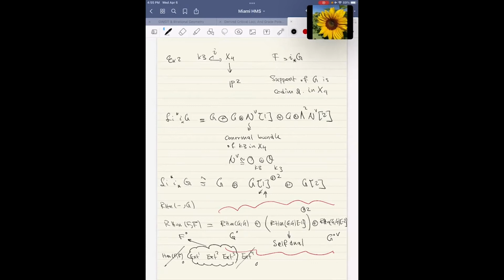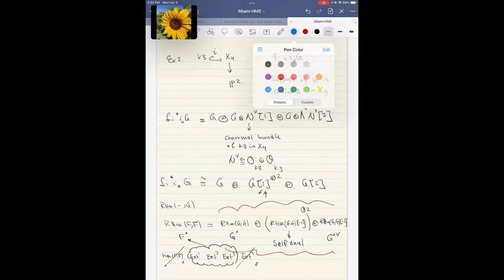Okay, so that's that. But the reason I mentioned this example is that if you pay attention, one thing I can do is, oh, this thing, I need to move it around. So what is this thing? Okay. Let me use a different color. So look at this piece in the middle. So this is Arham GG shifted by -1 plus itself. GG shifted by -1. As I said, this term in the middle, which is now written in blue, is self-dual.